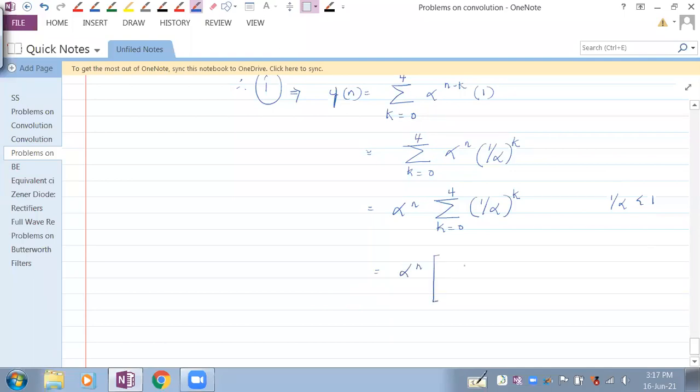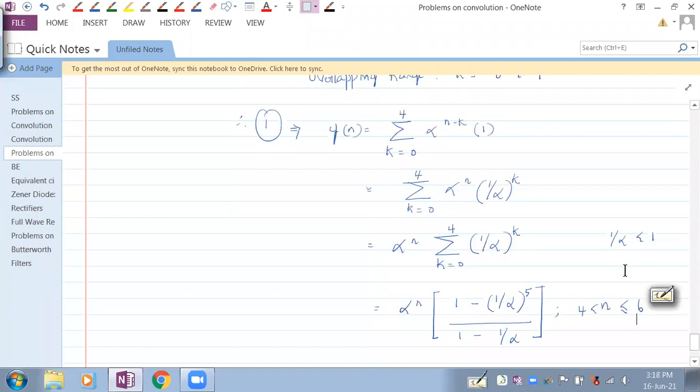Anybody seeing that standard equation, can you tell me now what this would become? 1 minus 1 by alpha to the power 5, because it's n plus 1, so it is 4 plus 1, divided by 1 minus 1 by alpha. So this is what it is going to be for n greater than 4 and less than or equal to 6.